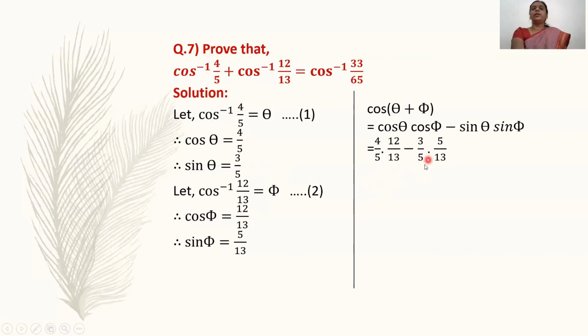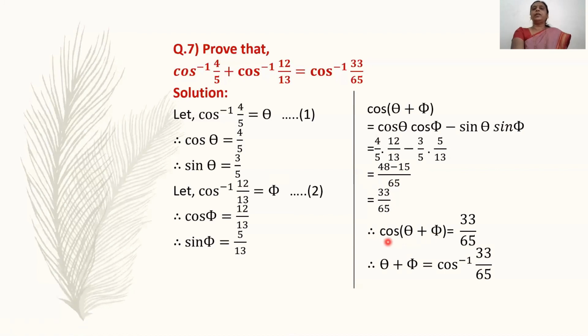See here, the denominator is the same for these two terms, 13 into 5, 65, and here 12 into 4, 48, and 3 into 5, 15. After simplification, this will be equal to 48 minus 15 divided by 65. And simplify this, and this will be equal to 33 divided by 65. Therefore, write down cos theta plus phi is equal to 33 divided by 65.